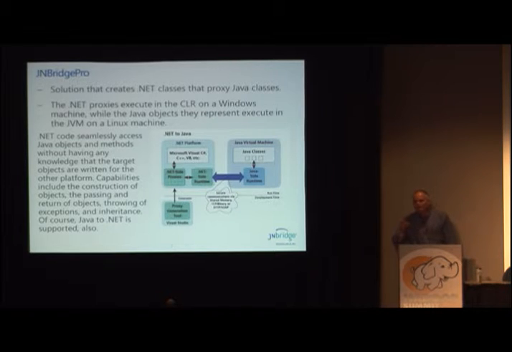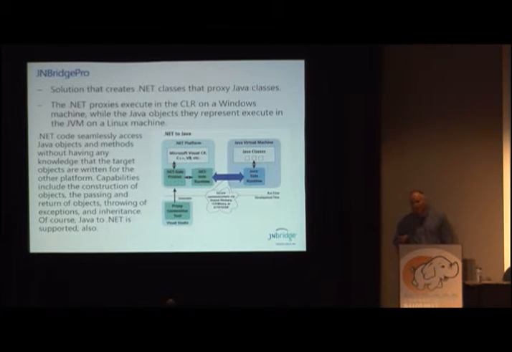and when you create an instance of one of the proxies, you end up creating an instance of that Java object in the JVM. When you call a method on the proxy, you end up calling that method in the Java object. JaneBridge Pro handles all of the data conversions and types for you. It provides you a very rich API. You can have Java APIs that return objects. You'll end up with that object in the CLR.